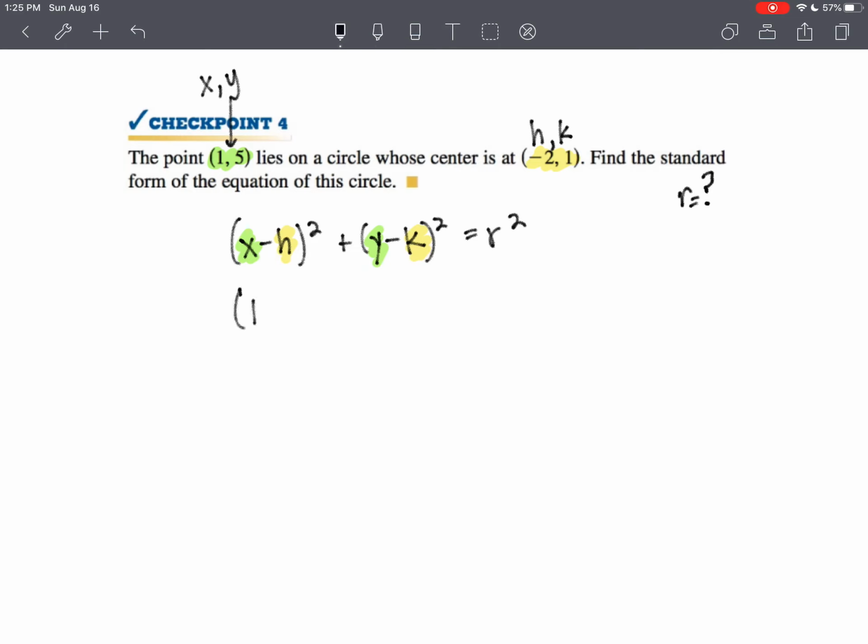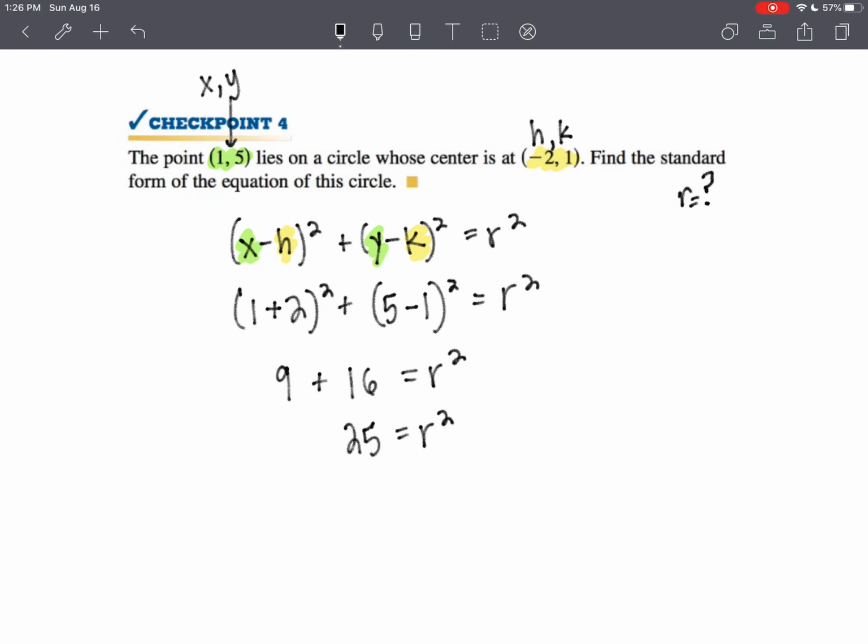So I've got (1 minus negative 2) squared plus (y would be 5 minus 1) squared equals r squared. 1 plus 2 is 3, square it, we get 9. 4 squared is 16. r squared is 25. That means that r is equal to 5.